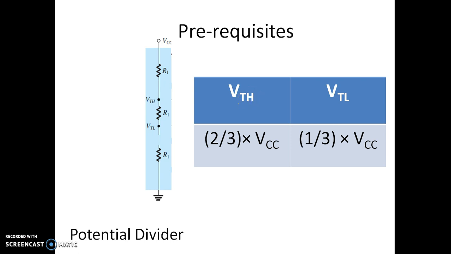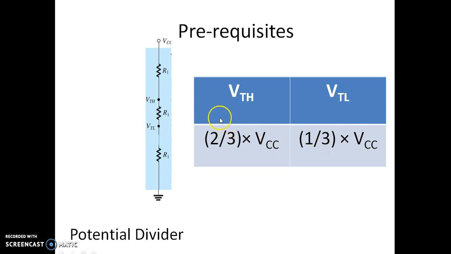From this circuit diagram, since the values of the resistors are the same, the voltage at the VTH node happens to be 2/3 of VCC. Similarly, the voltage at the node named VTL, that is the lower threshold voltage, happens to be 1/3 of VCC.